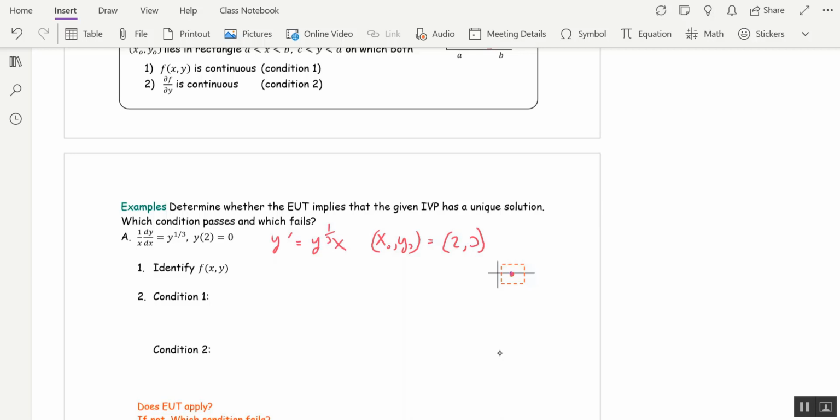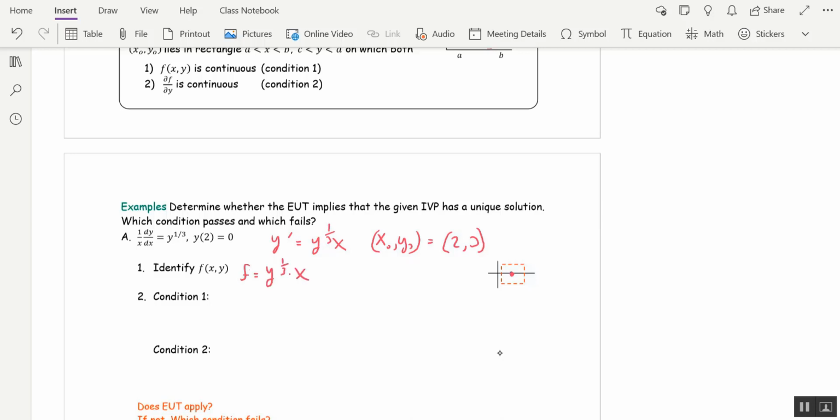The first thing you want to do when you're using the EUT is identify f and identify the point in question. I like to write it as an ordered pair rather than y of 2 is 0. So our f in this case is y to the 1/3 times x.